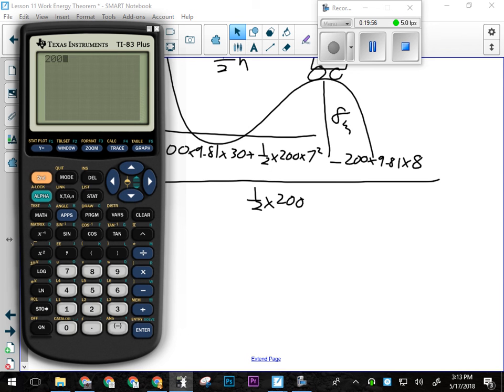So we'll have 200 times 9.81 times 30 plus 1/2 times 200 times 7 squared minus 200 times 9.81 times 8. Divide that by 100, that's half of 200, and then square root that.